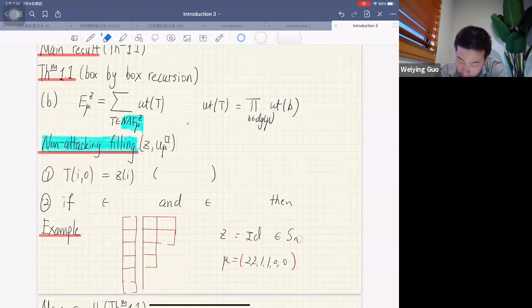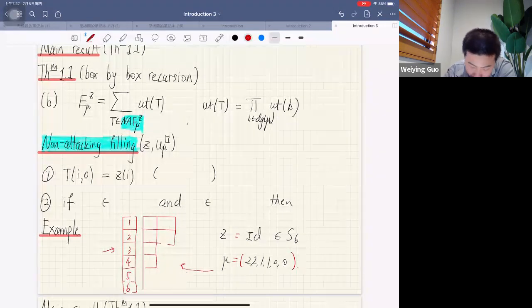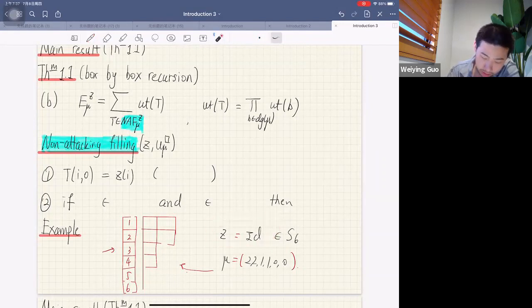Oh no, in this case it's S6. So the basement is just 1, 2, 3, 4, 5, 6, and mu is the diagram that looks like this. So we require the basement to be exactly the same as Zi. In this case, it's just the identity. So this is the basement.